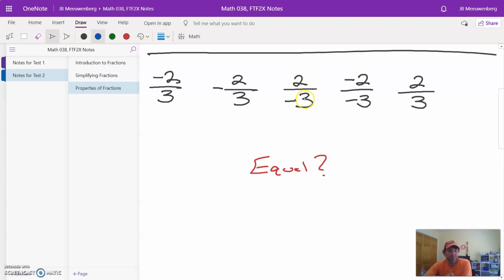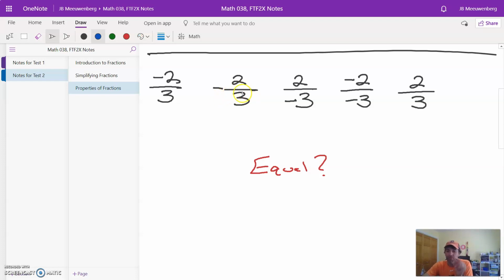Another way to think about that is 2 divided by -3. How many negatives do you see? 1. Well, I'm going back to this one. Negative out in front, 2 over 3. This is saying we've got the fraction 2/3, whatever that value is, and it's negative.